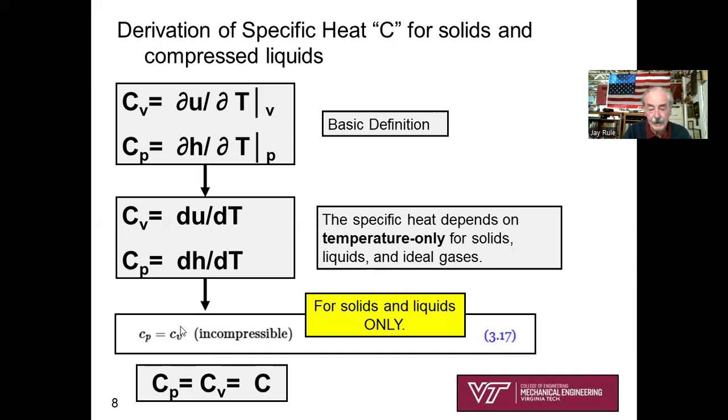No partial credit, because you'll report back to your instructor, if you want to see if you can get more points, 'Oh, I found equation 317, and that's what got me off track.' That doesn't cut it. So CP equals CV equals c, specific heat, only for solids and compressed liquids.